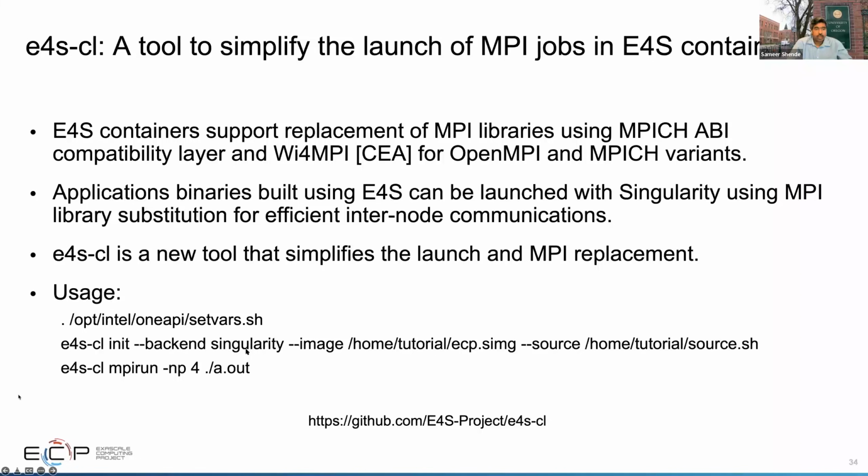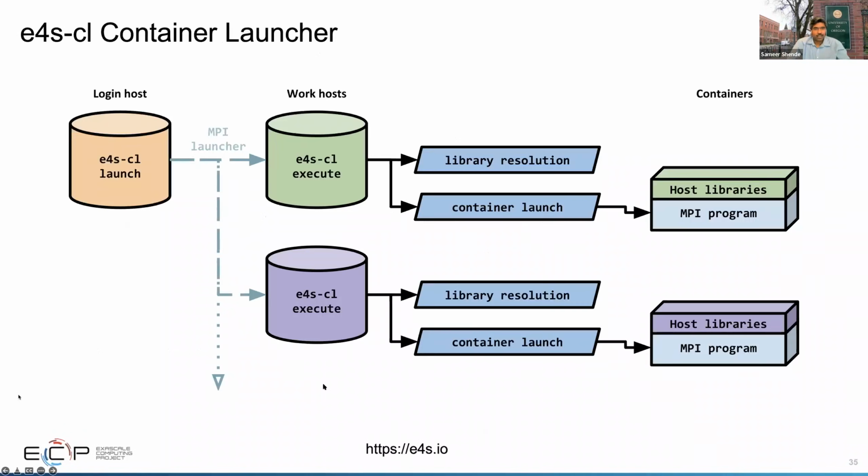So it could be Docker, Shifter, Singularity. You could say, this is the image. And what do I need to do when I launch the image? What is the startup command where I can specify spack load, Charliecloud, or something like that? And then I just say e4s-cl mpirun, and it figures out MPI in your path, and it will just run it and substitute the MPI. It sounds too good to be true, but I will show that this actually works.